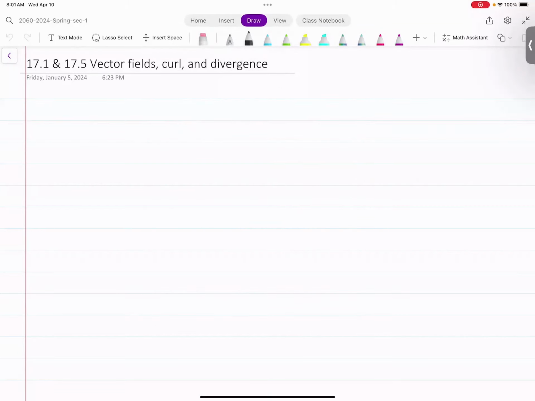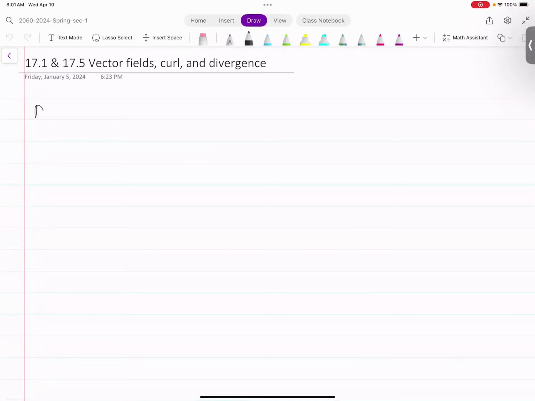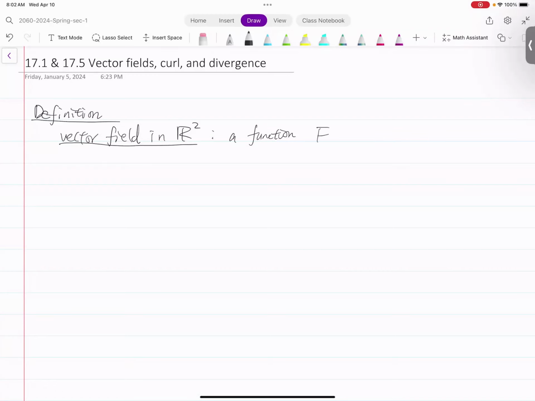Okay? So put them down. Definition. Two. What we call a function F. So we put the vector symbol on top of the notation of the function.